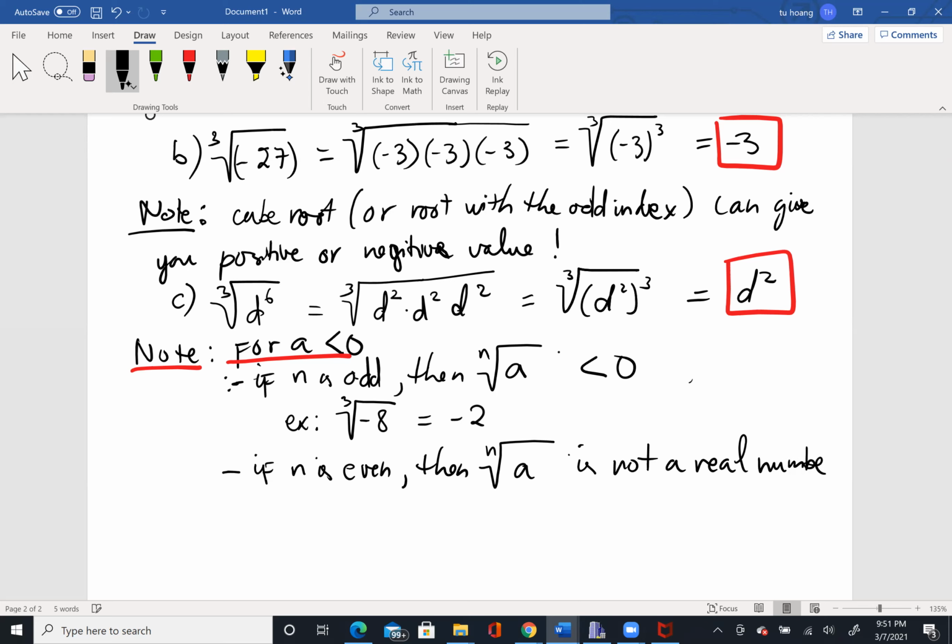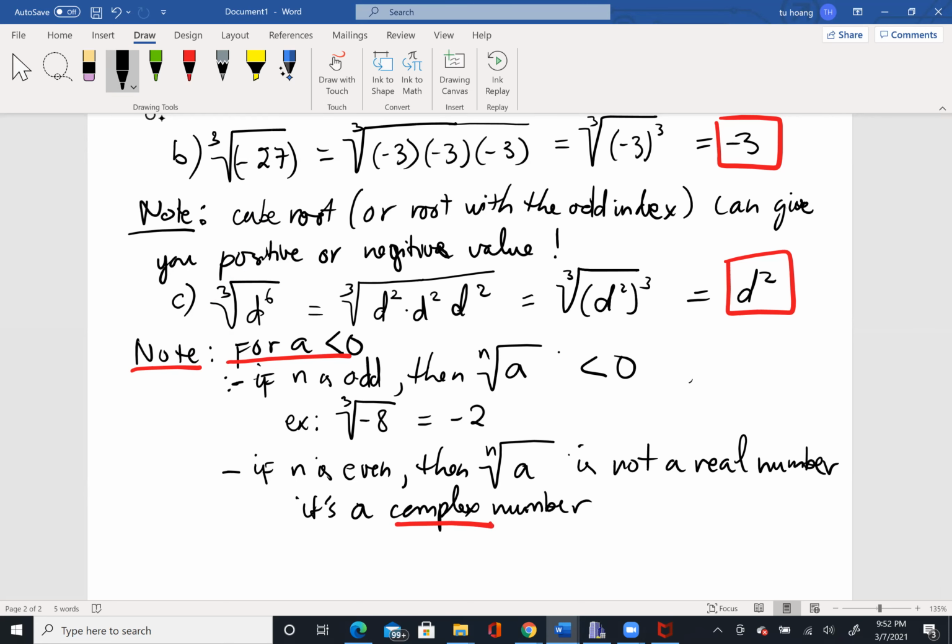What does that mean, not a real number? That's called a complex number, and I will talk about complex numbers later, okay?